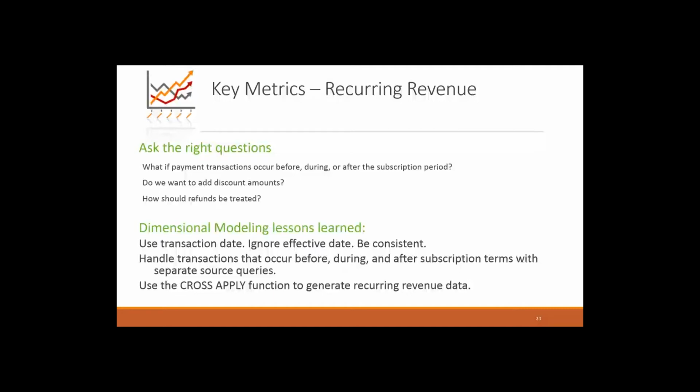Sometimes with payment systems, people will say that a payment is retroactive to the start of the subscription. But in terms of revenue, we've already gone past those months and have done our reporting for deferred revenue.